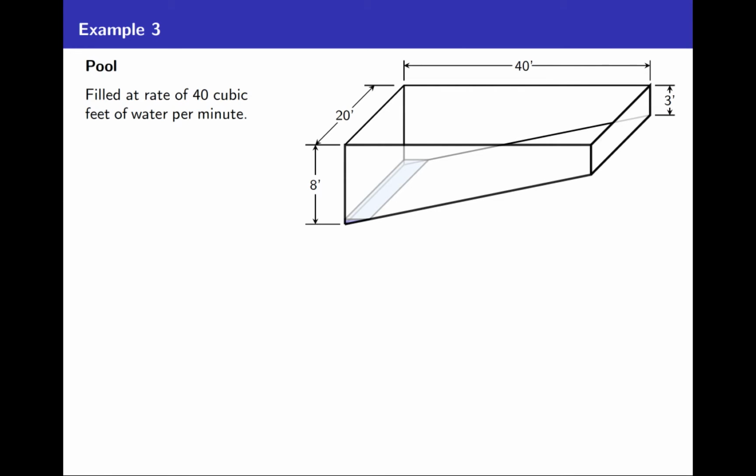So as time increases, the amount of water in this pool increases as well, steadily increasing at 40 cubic feet of water each minute. Now, as that happens, the water level, h, at the deep end increases.